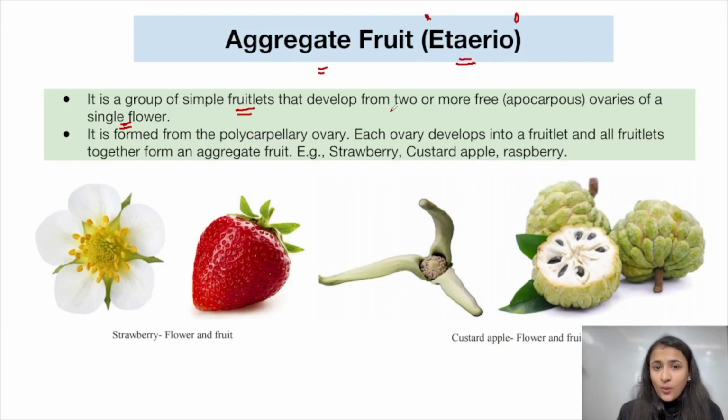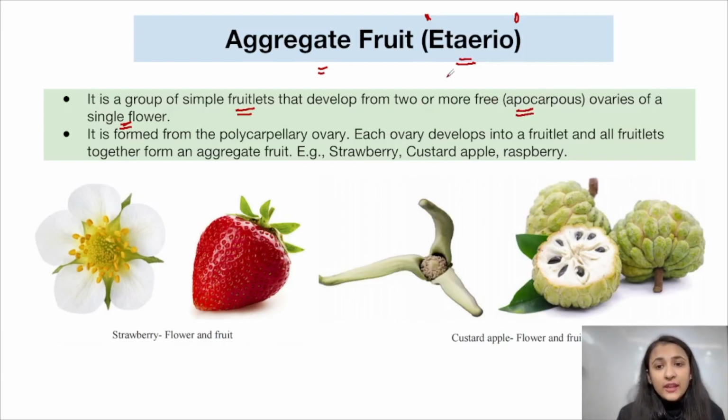They develop from, now in the previous case of simple fruits, only a single ovary was involved, but in this case, two or more multiple ovaries of a single flower are involved in the formation of an aggregate fruit. Hence, the condition is apocarpous because free ovaries are there.